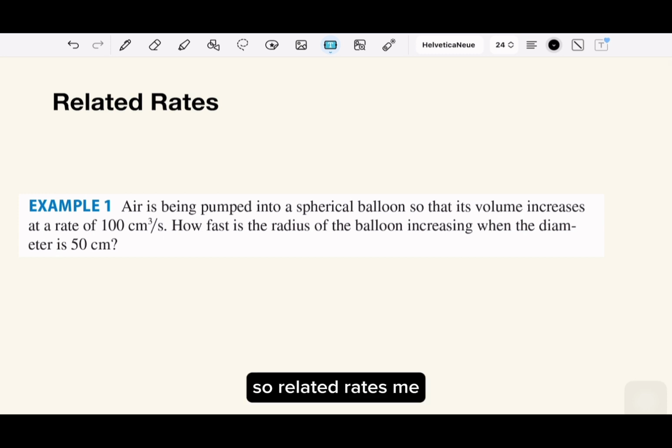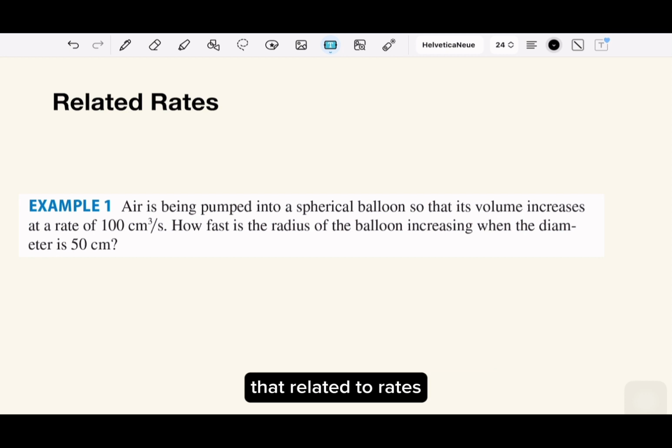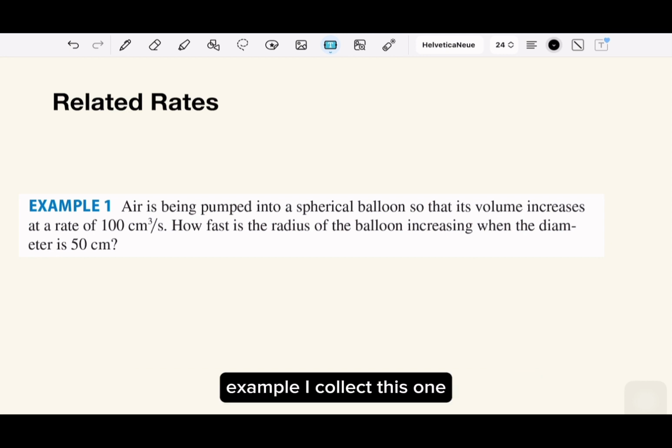Related rates mean you have some phenomenon related to rates, some change in maybe velocity or some other quantity. For example, this one has a balloon that is expanding, the volume increases. Of course, when we increase the balloon, the volume also has a rate.